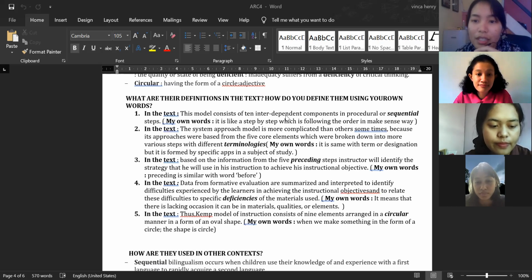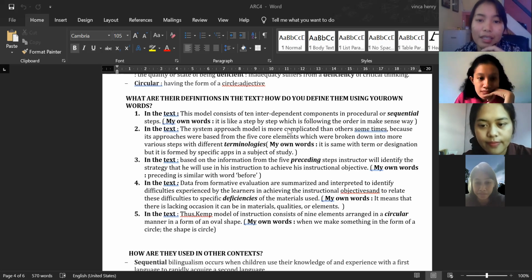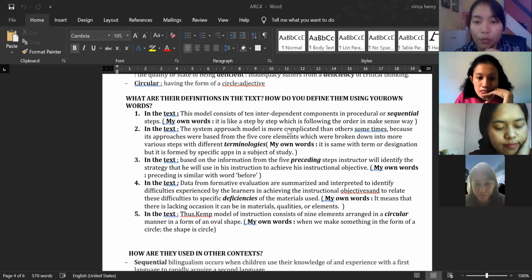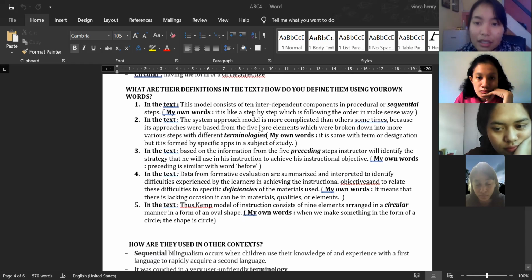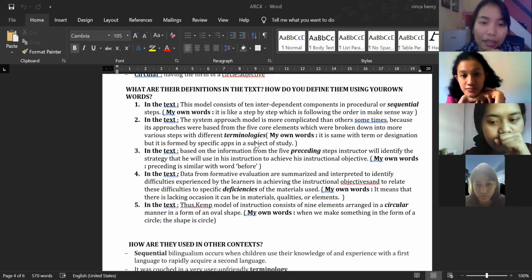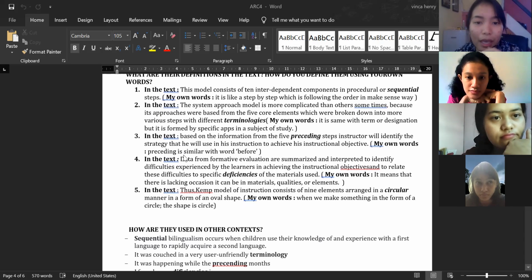The first one is sequential. In my own words, it is like step by step, following the order in a way that makes sense. Second, terminologies. In my words, it is the same as term or designation, but it is formed for a specific application in a subject of study.